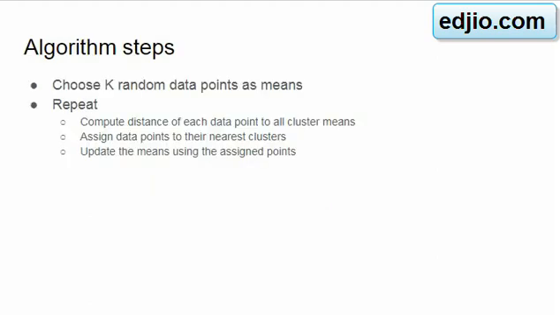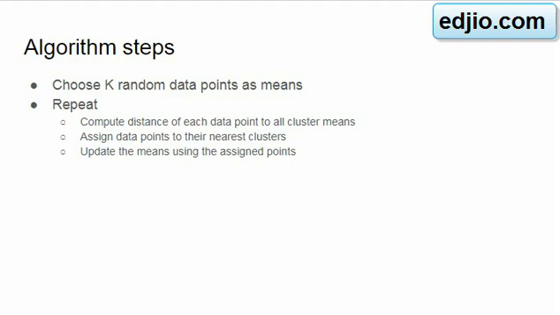Okay, so the steps in K-means. Choose k random data points as means, and how many k random data points you are going to choose depends on how many clusters you want. Every time compute the distance of each data point to all cluster means.